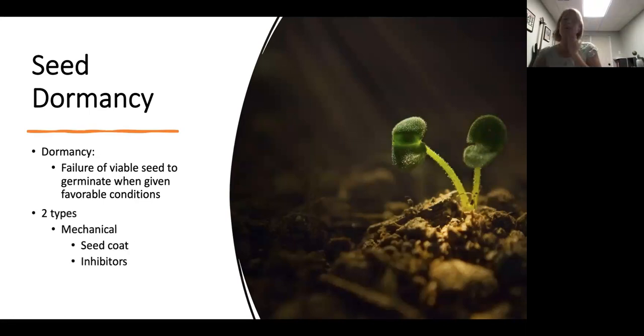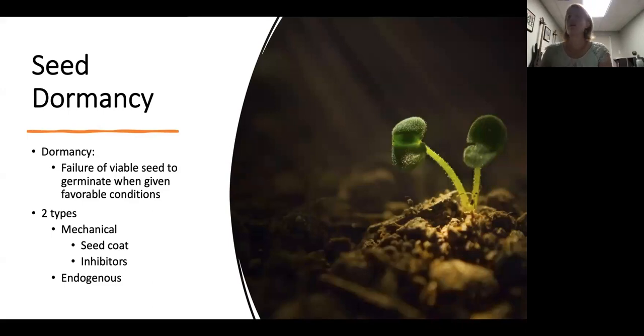So we have two types of dormancy. And the first type is mechanical dormancy, and it's specifically related to the seed coat. And so one is like the actual physical seed coat itself. And then sometimes the seed coat has chemicals in it that act as inhibitors to germination. And we'll go through each of these a little bit more closely.